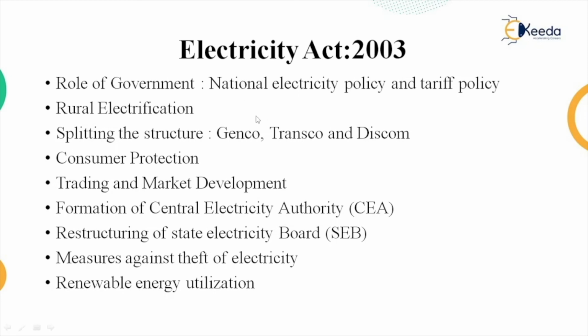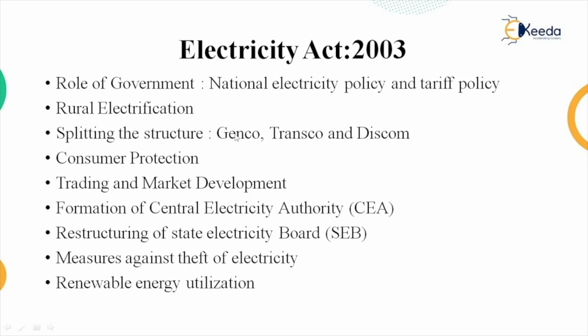The combined structure of the state electricity board will be divided into Genco, Transco and Discom. In Maharashtra state, these are Mahagenco, Mahatransco and Mahadiscom.